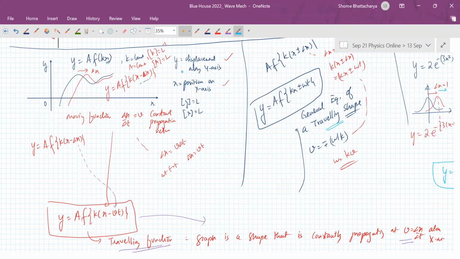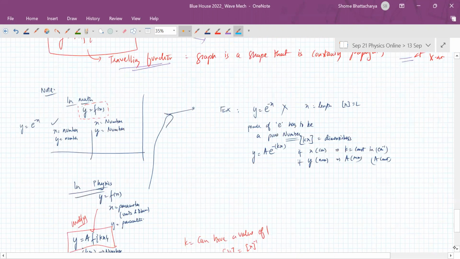Now, if the shape of that wave happens to be a sinusoidal shape, because that function f is a sine function, then it's a harmonic traveling wave. But not every wave needs to be harmonic, because a harmonic wave will come from a source which is harmonic. But suppose our source is not harmonic, it is something else, then the shape will change, but the form of the equation will remain the same. So hope this point is clear over here.